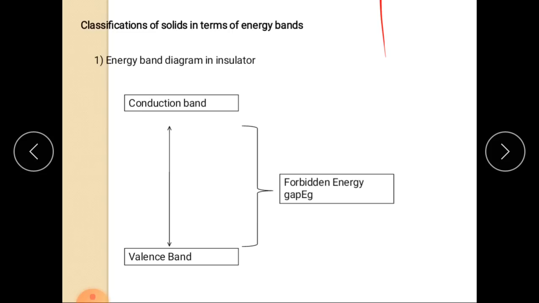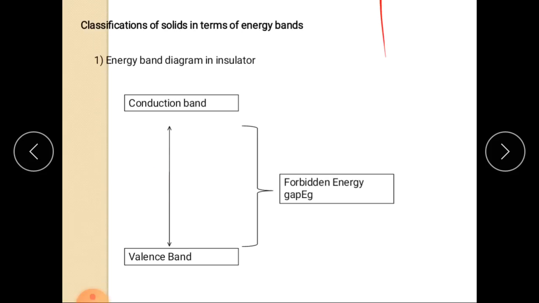So this is the description of the energy band diagram in the insulator.